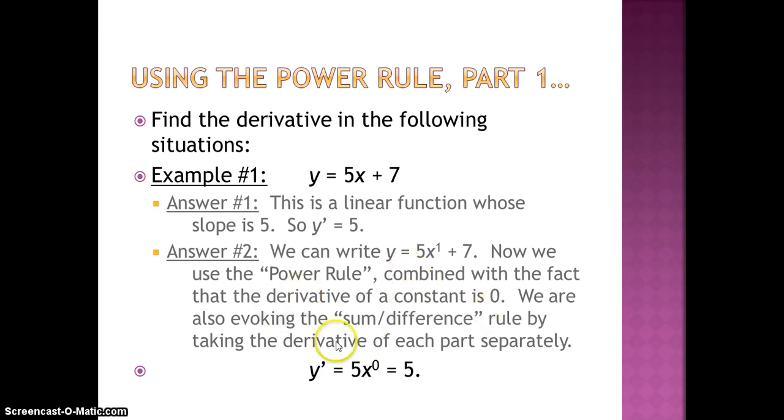And we know that 5 times x to the 0 is the same as 5 times 1. We're also using the sum and difference rule by taking the derivative of each part separately. One of the things that we should note is the derivative of 7 by our constant rule is equal to 0. Okay.